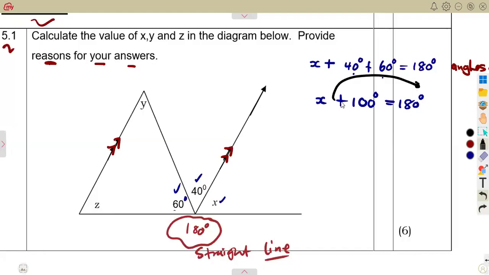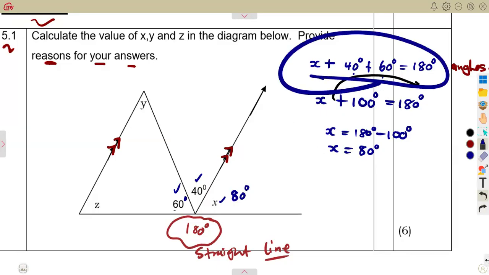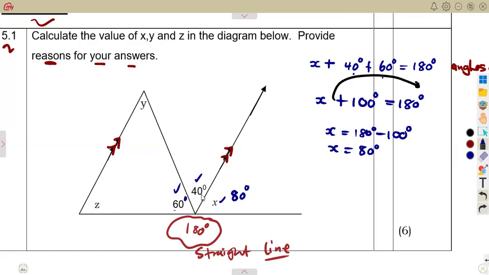It was a plus, so on this other side, we are going to have it as a minus. So that means our x is going to be 180 degrees minus 100 degrees, which is going to give us 80 degrees, just like that. So we have got the value of x, which is 80 degrees from the concept that we have got what? Angles which lie on a straight line.